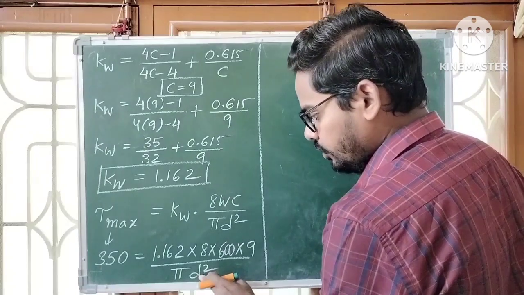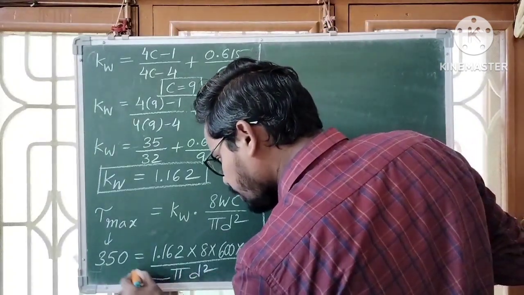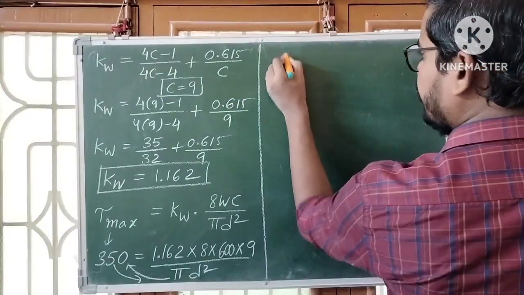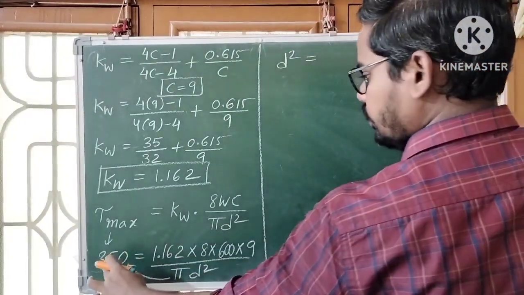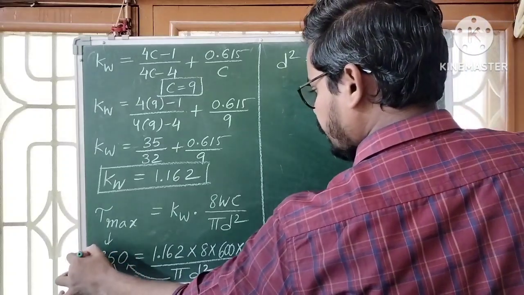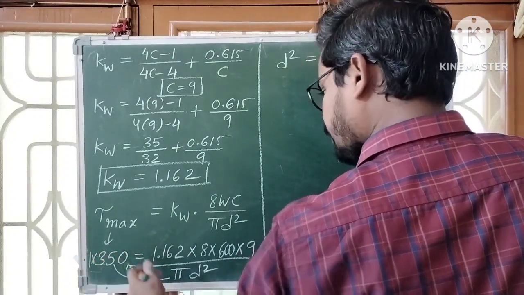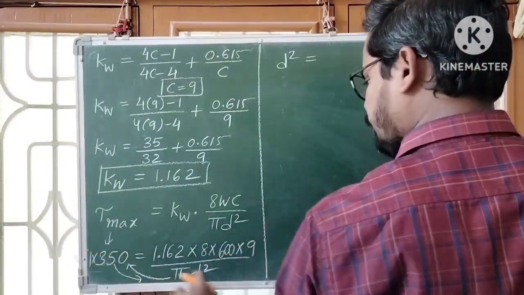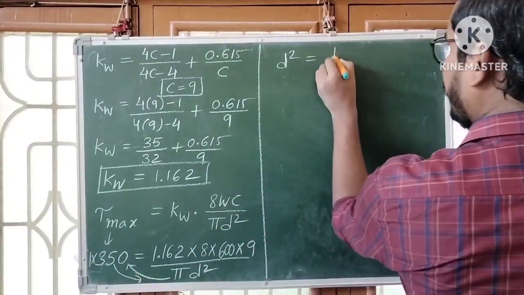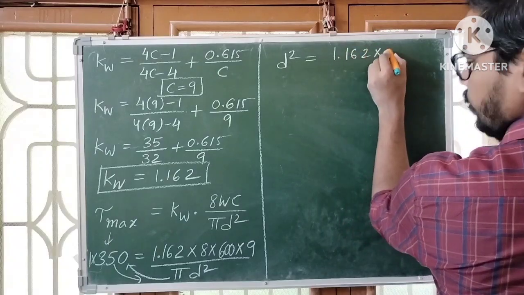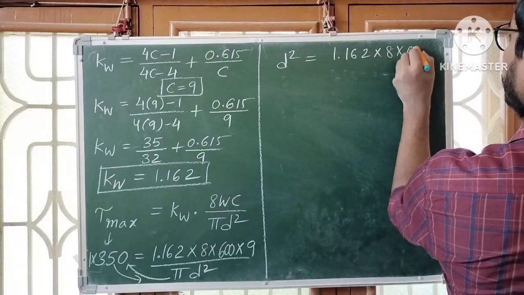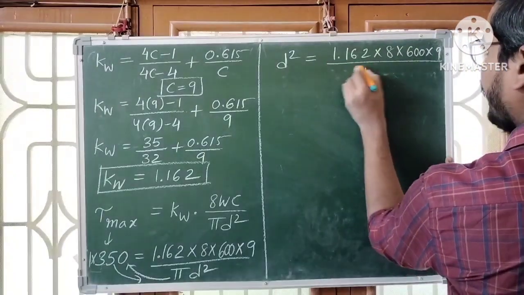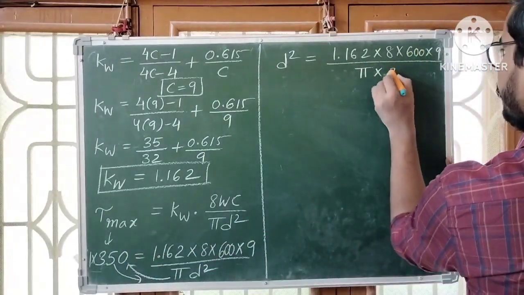We need the d value. Transpose d square to the left-hand side and 350 to the right-hand side, then you will get d square is equal to 1.162 into 8 into 600 into 9, whole divided by pi into 350.